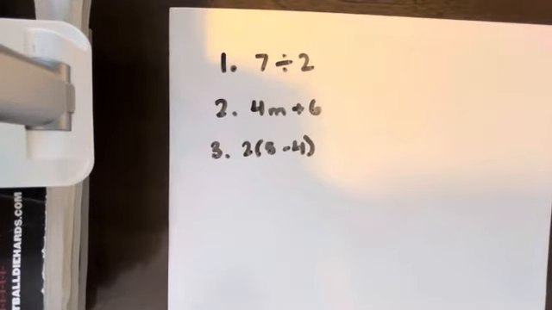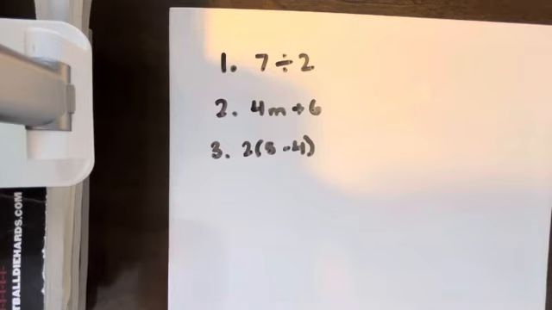Okay, now we have a couple practice problems to help us recall our vocabulary terms. So, what I want you guys to try to deduce here is figure out which of these expressions are algebraic and which of these are numerical.